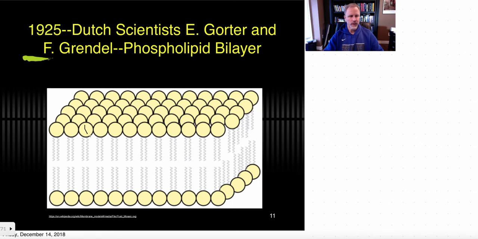So this portion right here is the phosphate head, of course, and then these portions right here, these are the fatty acid tails. So in here, this would be the hydrophobic region of the lipid bilayer, and then the yellow region out here and over here, these would all be the hydrophilic portions, okay?